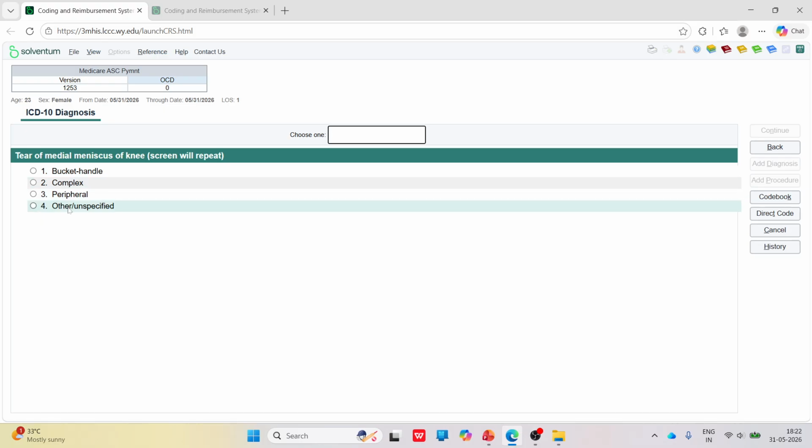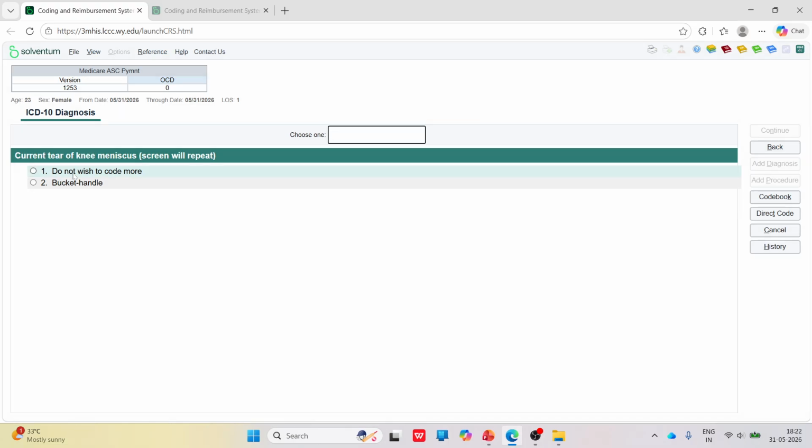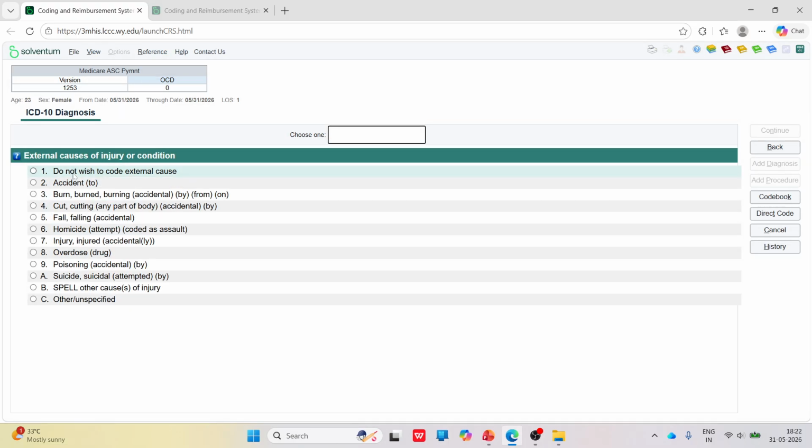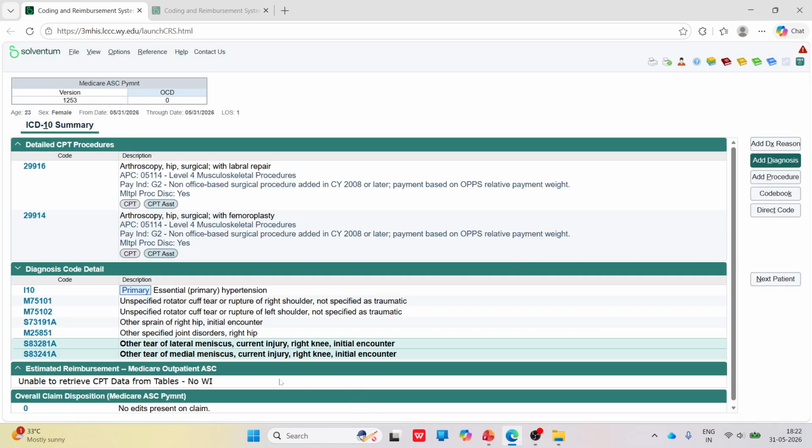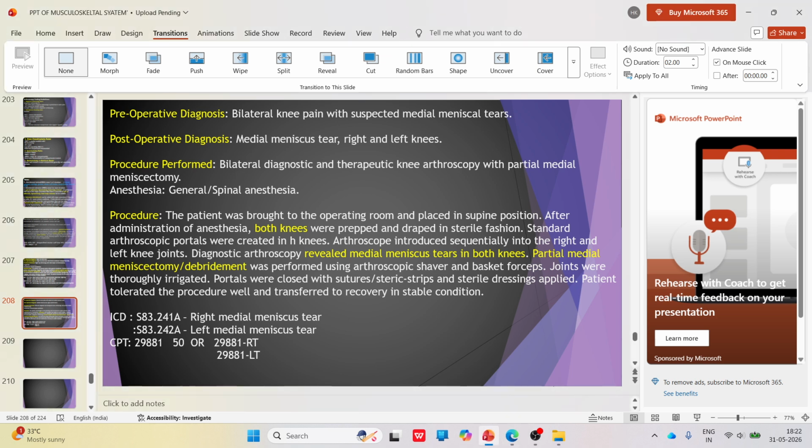For the medial also, right side. Okay, so this one is the ICD for the lateral meniscus for the right knee. Now coming to the therapeutic procedure. What therapeutic? The partial meniscectomy has been done for both knees.